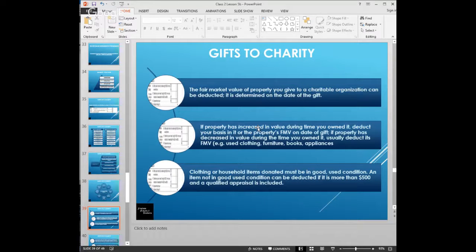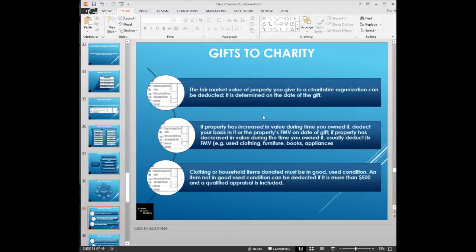The fair market value of any property that you give to a charitable donation can be deducted, and it's determined on the date of the gift. If the property has increased in value during the time you own it, deduct your basis in it as the property's fair market value on the date of the gift. If it has decreased in value during the time you own it, you would usually deduct the fair market value.